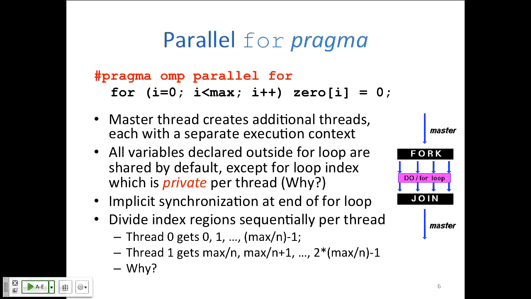N is the number of threads. Sorry. Yeah, my mistake. Right, so n is the number of threads. So we divide max by the number of threads. So thread 0 gets the first nth. Thread 1 gets the next nth of the iterations, and so on. Sorry, that was my mistake, yeah. N is the number of threads, not the loop count. Max is the number of iterations in that loop.